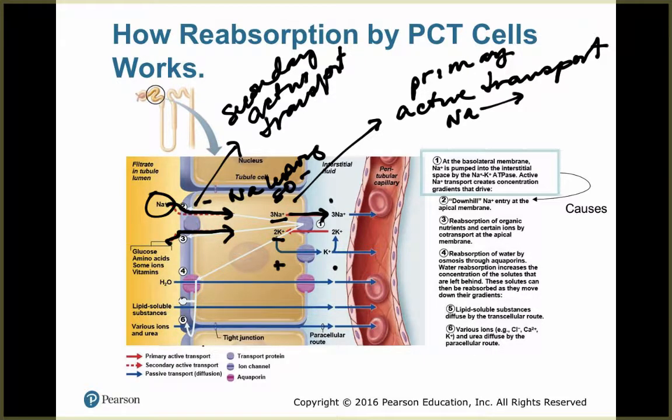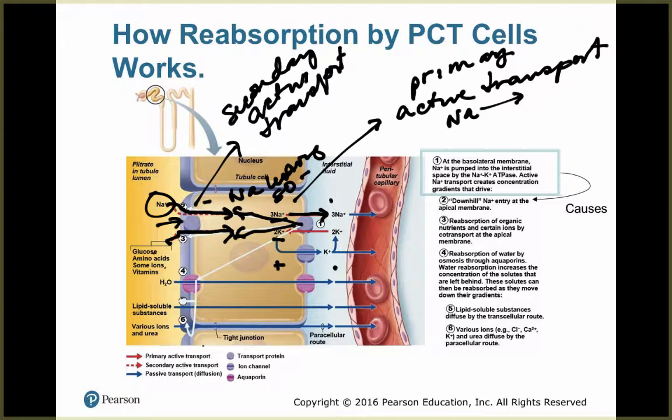This guy causes the sodium to come in to try to make it less negative on the inside. It's causing things like glucose, amino acids, and some other items and vitamins to come in because they're being transported together with sodium in this symport or co-transport mechanism of the secondary active transport.